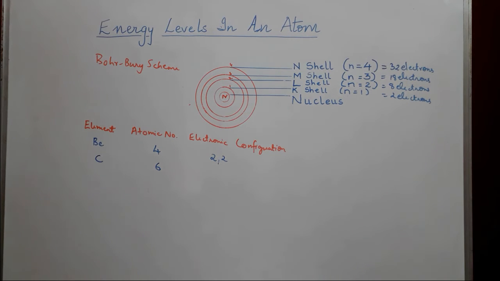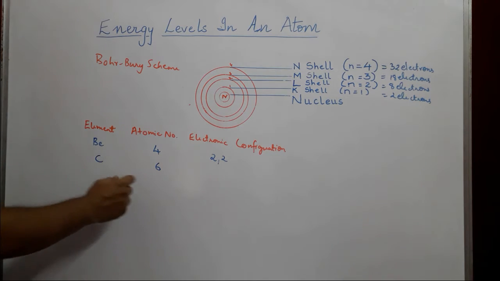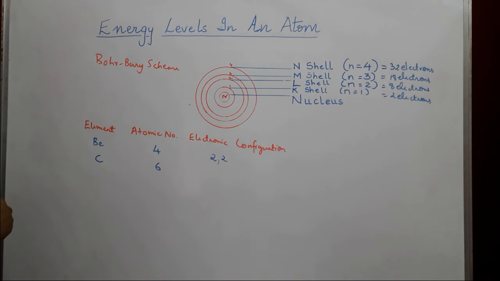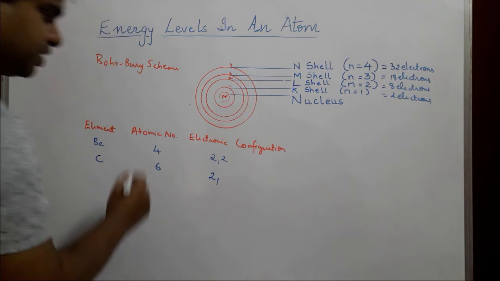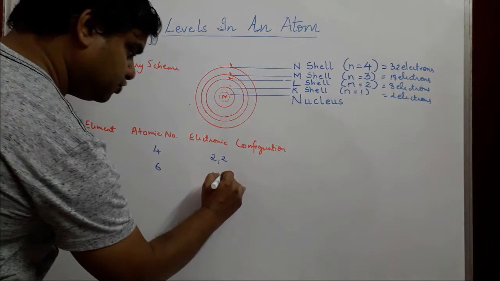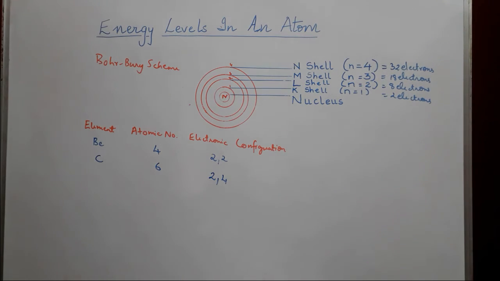Okay, let's take the next example. Next example is carbon with atomic number 6, which means there are 6 electrons present within carbon. Once again it fills up 2, what remains is 4. So it will be 2, 4. So there are 4 electrons present in the L shell. Our next element is neon with an atomic number 10.